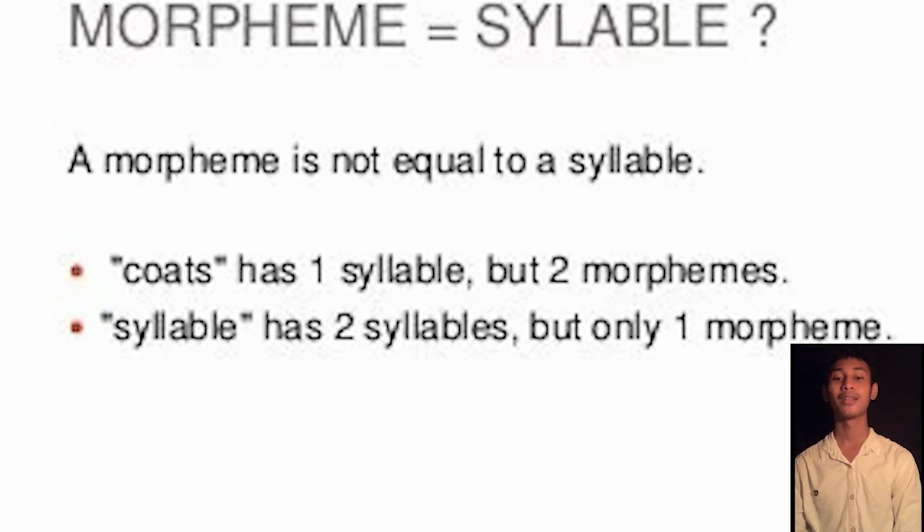Okay, octopus has three syllables, oc-to-pus, but it has just two morphemes. Octopus as an animal, and it is used as a plural, or more than one, like that.